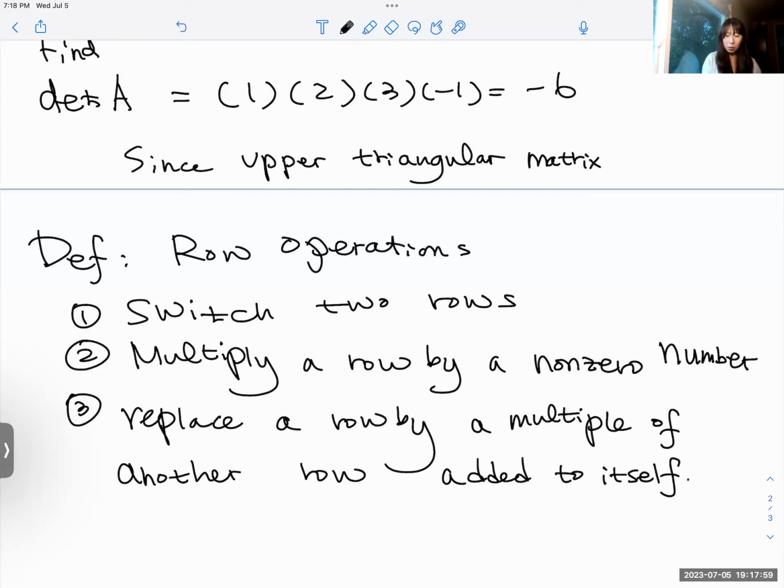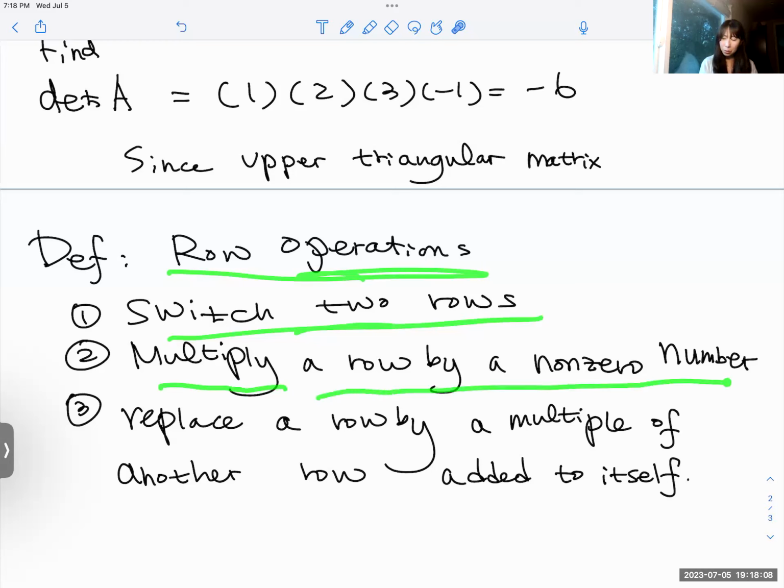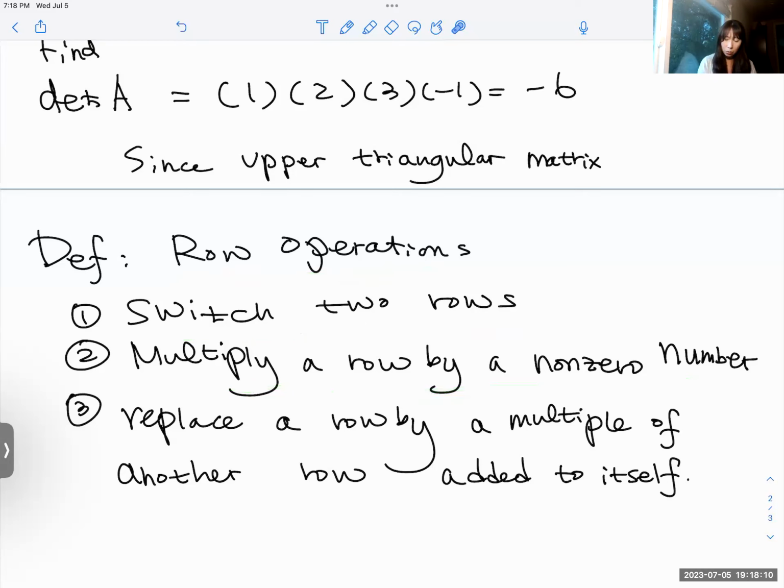So those are the row operations: switch, interchange, multiply by scalar, and replacement.